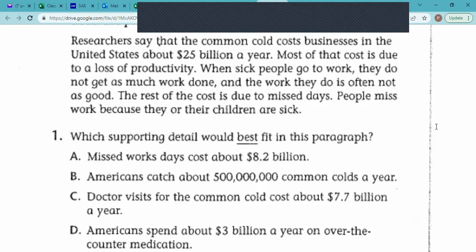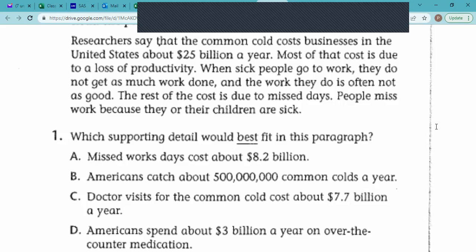All right, so the answer to this question would be A. Missed workdays cost about $8.2 million. Now, that would best fit into this paragraph because it's talking about related costs to businesses, okay? So it would nicely fit in there, all right?